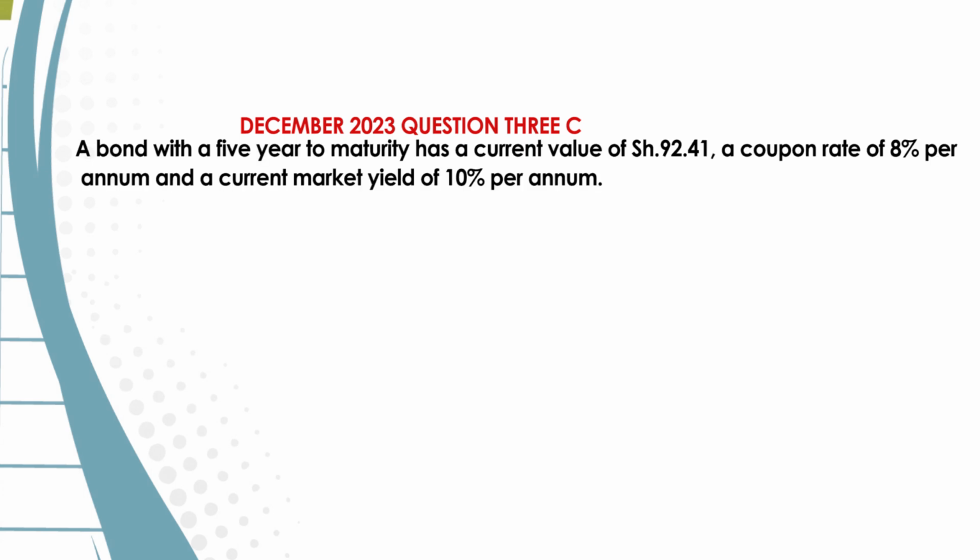A bond with a maturity year to maturity has a current value of 92 shillings and 41 cents, a coupon rate of 8% per annum, and current market yield of 10% per annum. The bond will be redeemed at par value of 100 shillings.